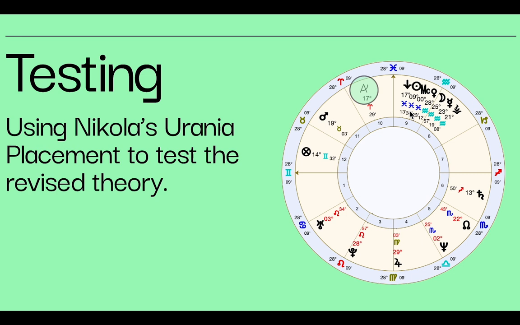At the beginning of this presentation, I pointed out Nikola's asteroid Urania being in Aries, but here I'm pointing out that it's at 17 degrees.